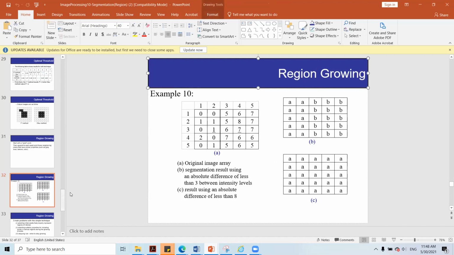Region growth, I thought I wouldn't give you an example because it's too simple. But it happened in one of the past year exams, where they came up with region growth. So from this keyword, what do you understand about region and growing? Can anyone give input?